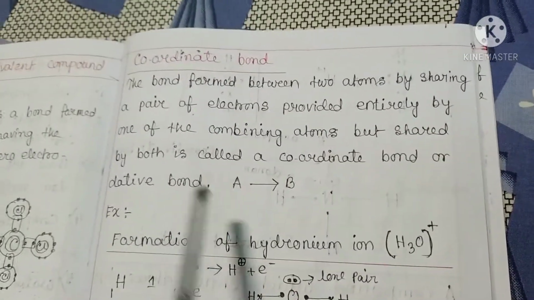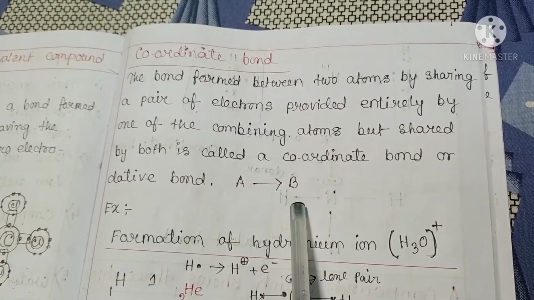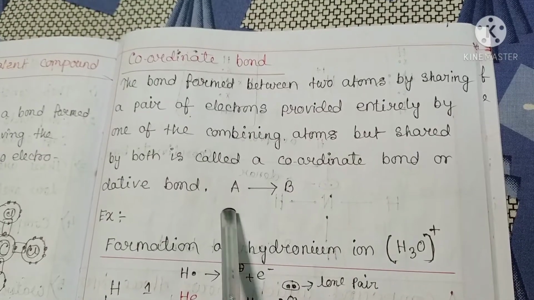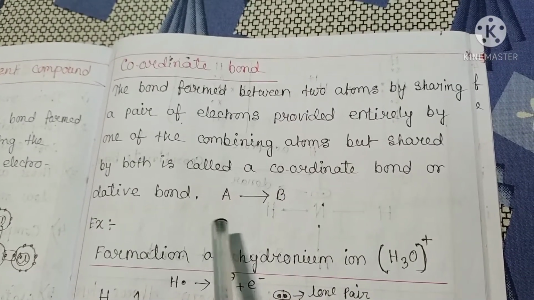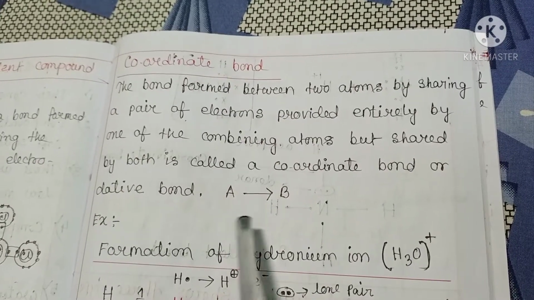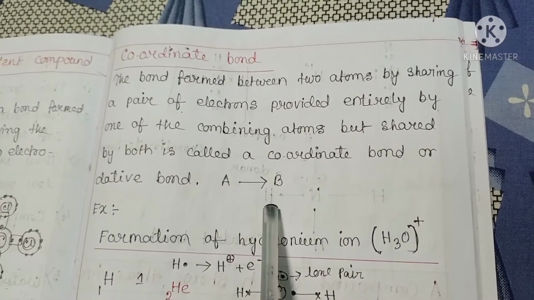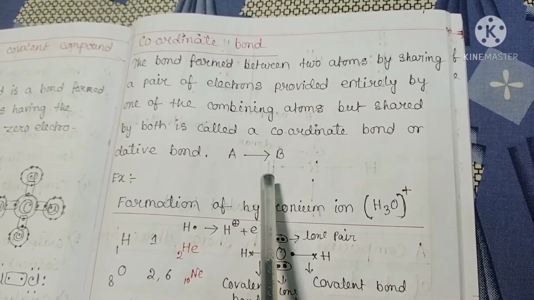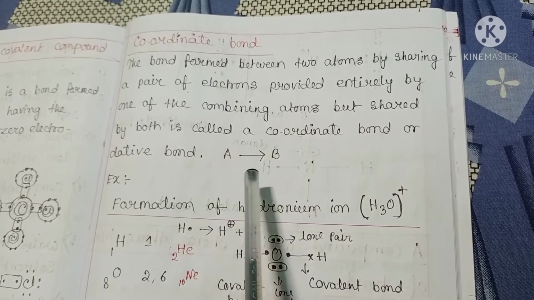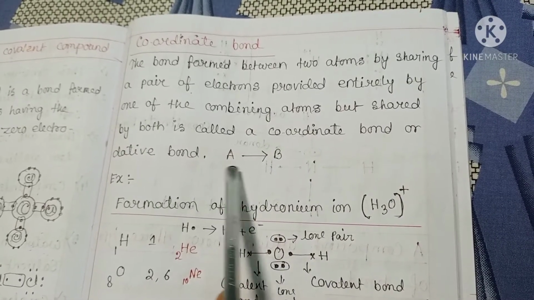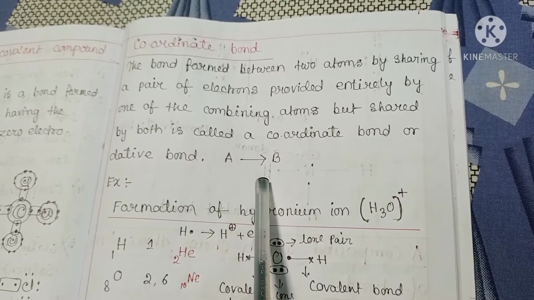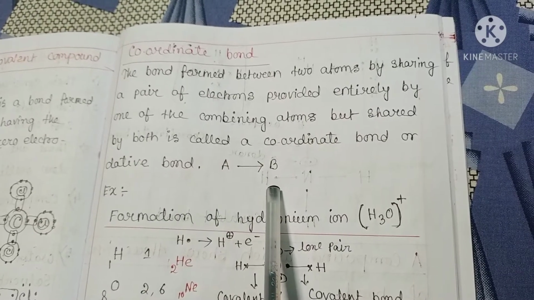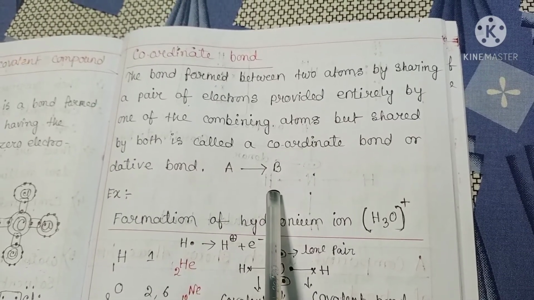A coordinate bond is formed between two dissimilar atoms. Let them be A and B. One of them, let A, has one or more lone pairs of electrons, and another atom, let B, is short of a pair of electrons than the nearest noble gas configuration. The atom which supplies the shared pair of electrons is known as the donor, while the atom, let B, which uses the shared pair of electrons is known as the acceptor.